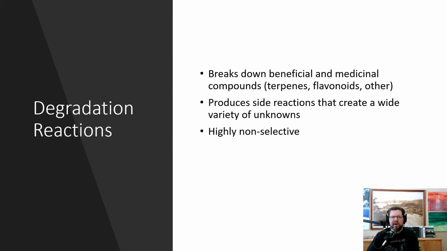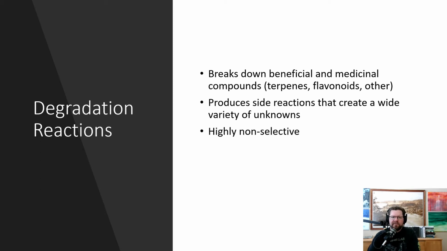When you do that, you're adding heat energy in there, and all the components of the oil start to react. They either start to degrade, or they'll react with each other, or they'll react with other components, and in that way you can degrade THC out of the oil just by heating it up and degrading it.